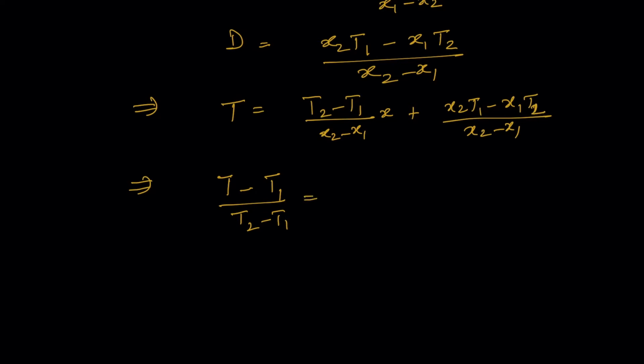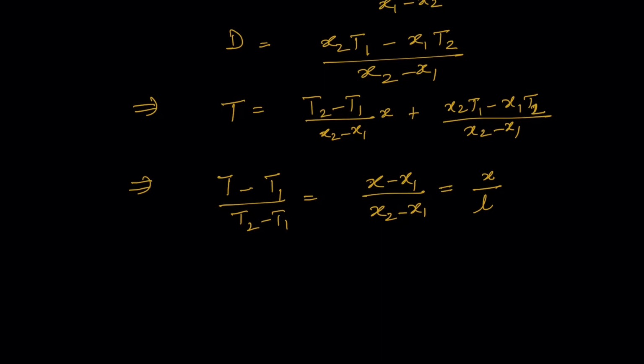You can do some algebra and write it like this: x minus x1 divided by x2 minus x1. So x2 minus x1 you can call L, the length or width of the wall. And this is x, at a distance x from the origin.